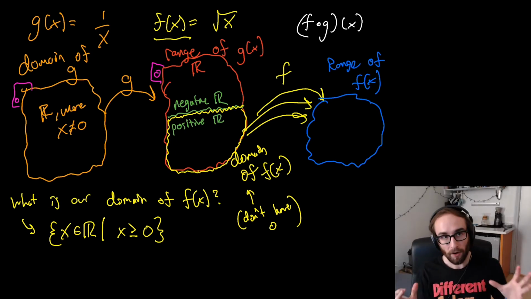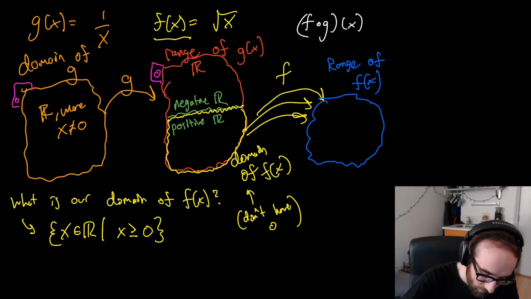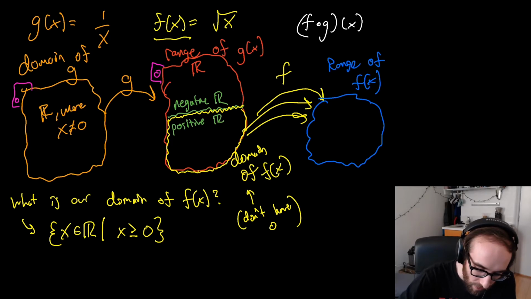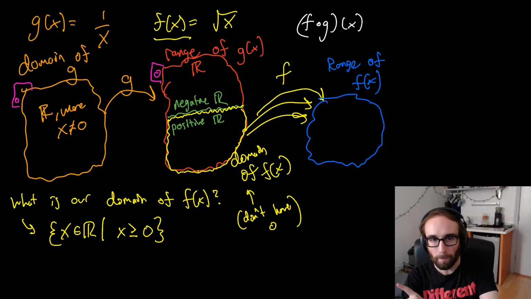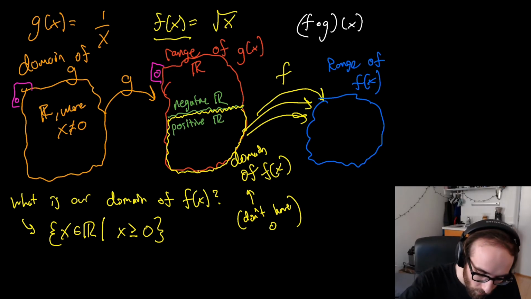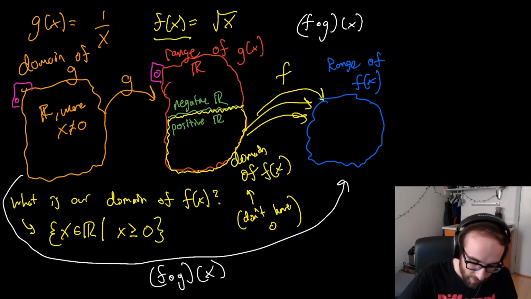And this entire thing, the orange blob, is our domain of g. Whatever numbers we can plug into our orange blob, put into our red blob, and fall into the yellow part, so our positive outputs, so that we can plug them into f, whatever numbers we can do that with are going to be f composed with g of x.